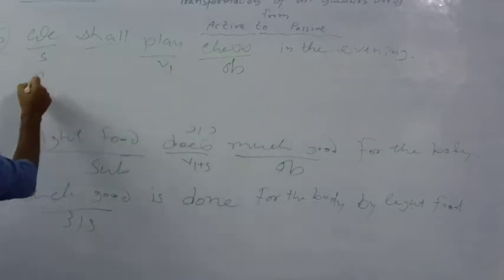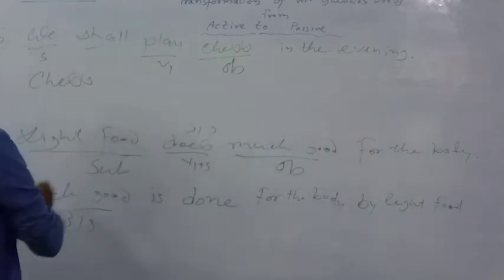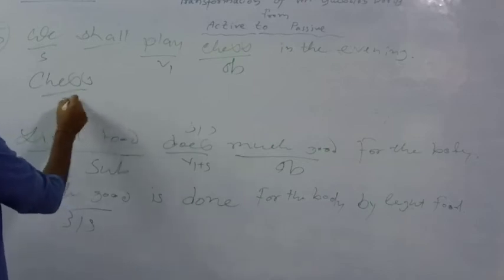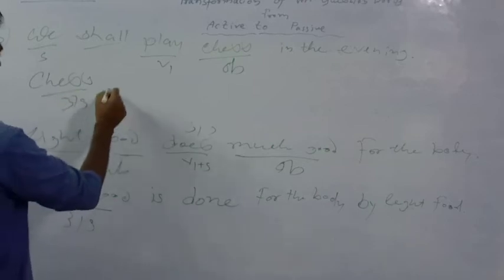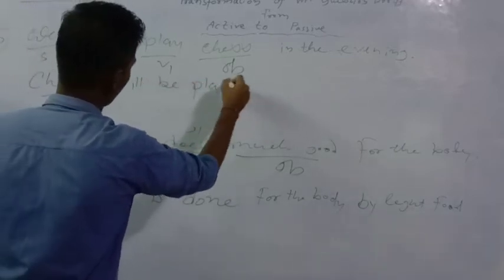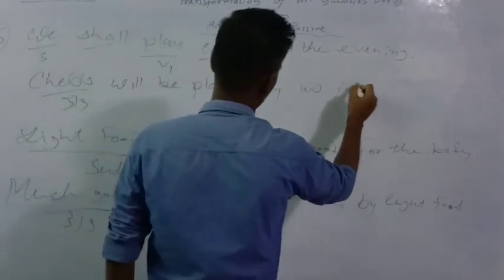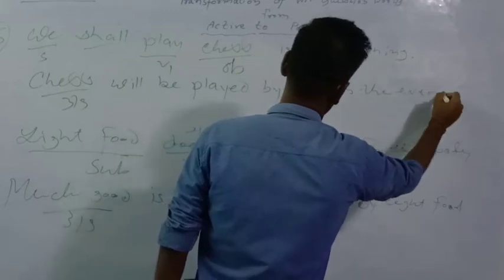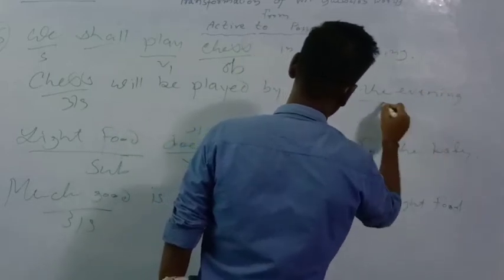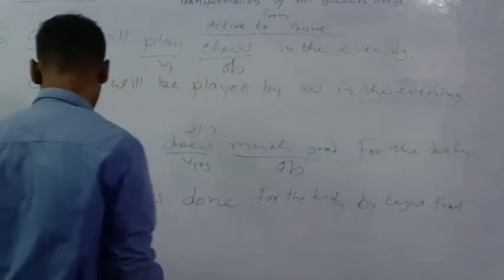If there is shall or will in active voice, passive voice will be either shall be or will be. So first let us bring the object in subject place, interchanging. Chess is third person singular number, so it will not agree with shall, it will agree with will. Chess will be V3 played by us in the evening. Adverb of time will always be at the end of the sentence. In the evening, adverb of time, is it? Getting me?